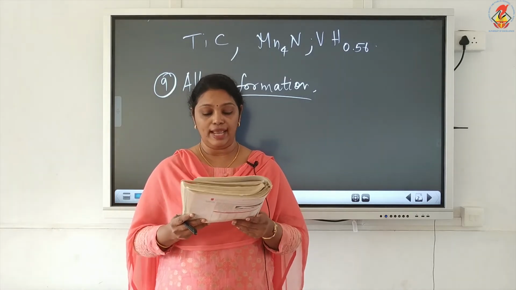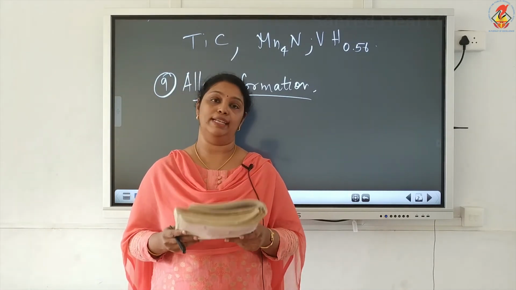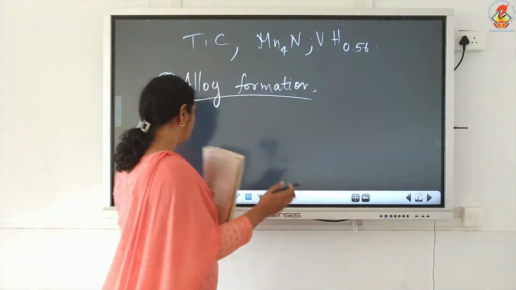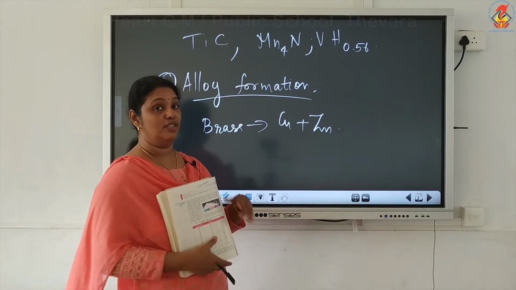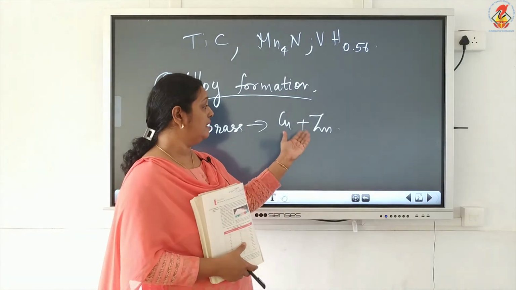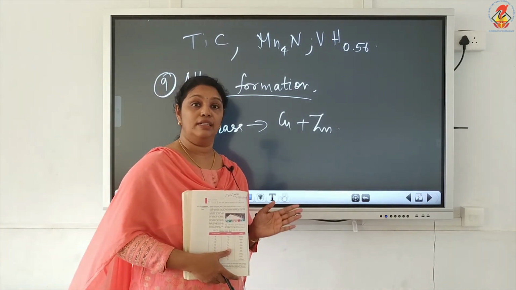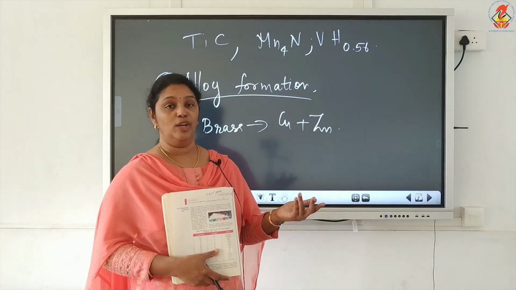Now, we can also have alloys of transition metals with non-transition metals. For example, brass. Brass is an alloy of copper and zinc. Now, we know that zinc is not considered a transition element, as we have already discussed, because zinc has no unpaired electron in the d orbital in the ground state or in the common oxidation state.